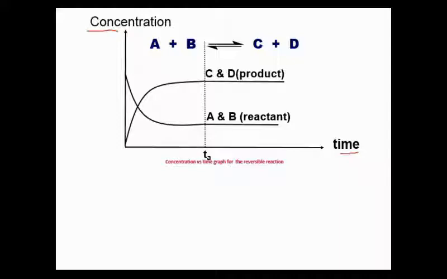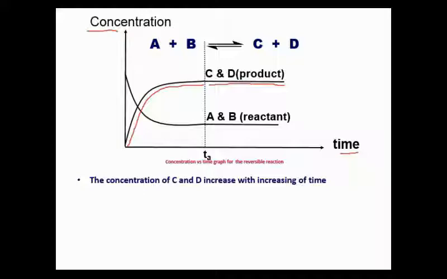As the reaction proceeds, as we look at the increase in time, the increase along the x-axis, the concentration of product will increase. And at some point, when equilibrium is achieved, the concentration remains constant or unchanged.